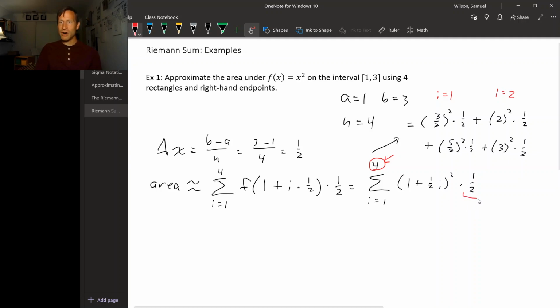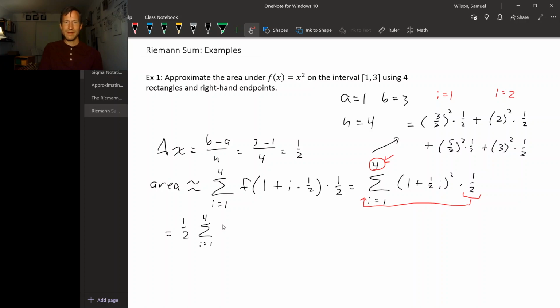Here we have a constant multiple inside of our sigma, so we can move that outside. That gives us 1/2 times the sum from i equals 1 to 4 of 1 plus 1/2 i, squared. Now the stuff inside of the sigma is a little bit simpler, which is nicer.